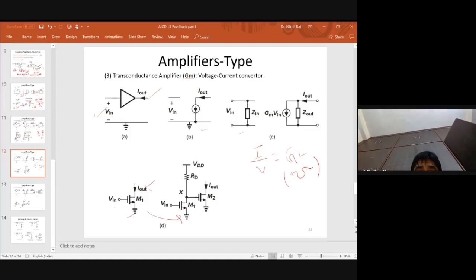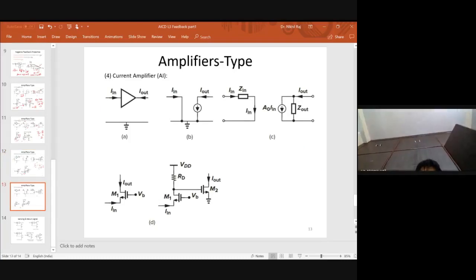Again the modification is shown here, that V in is propagated through some element, and then we have achieved the output. So always you have to check what is the output variable and what is the input variable. Based on the output and input variable, we can easily say whether it is a transimpedance, transconductance, or a voltage amplifier. So here it is your transconductance amplifier.